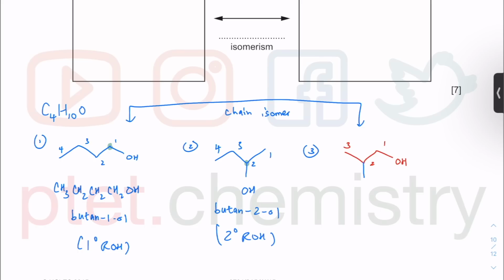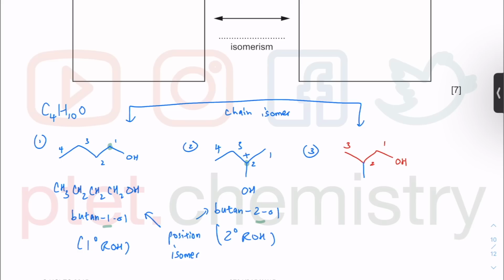Whereas the relationship between 1 and 2, butan-1-ol and butan-2-ol, as you can see from the name itself, is what you call position isomers. The other type included under structural isomers is functional group isomers, but we're not going to do functional group isomers here because we are told specifically that these are all alcohols to begin with. So what do we have here?